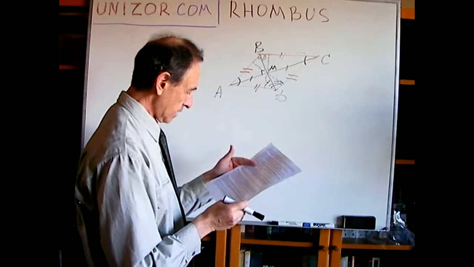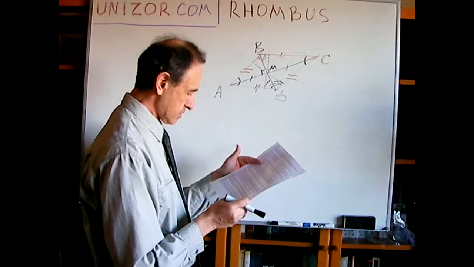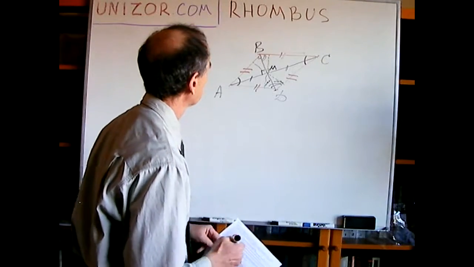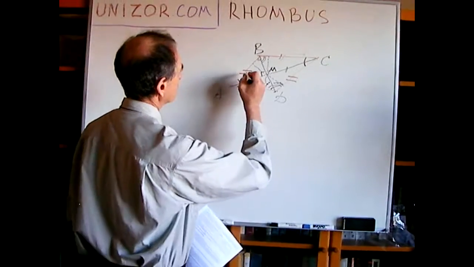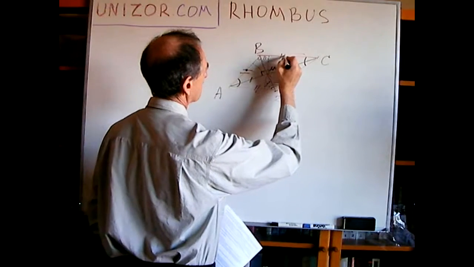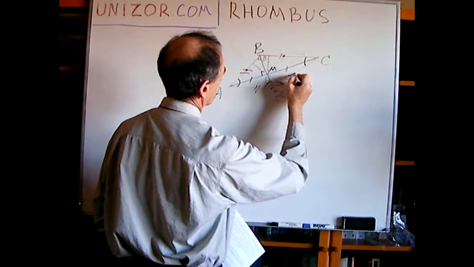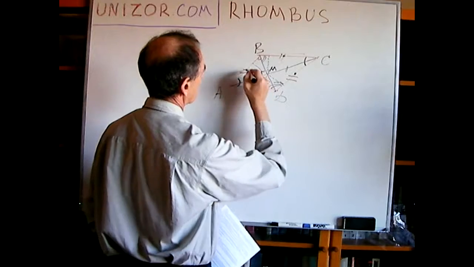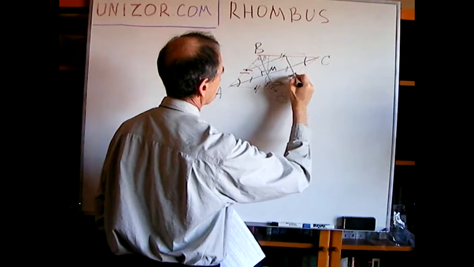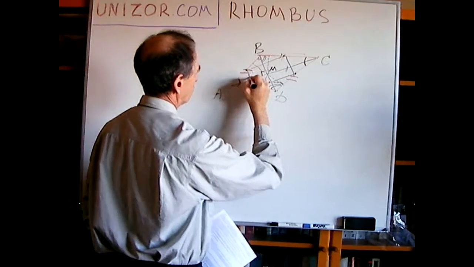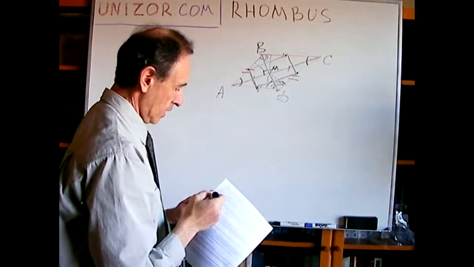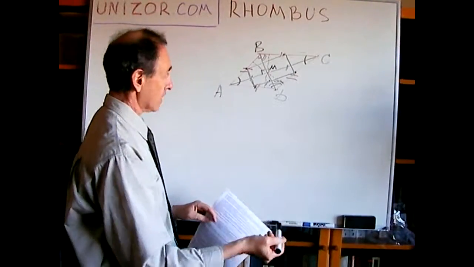Next, sequentially connected midpoints of a rhombus form a rectangle. Okay, so if you have midpoints here, here, here, and here, and you connect them, you will get a rectangle. Now, rectangle is actually the subject of the next lecture.